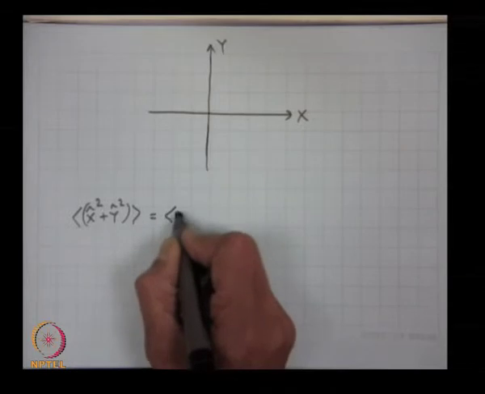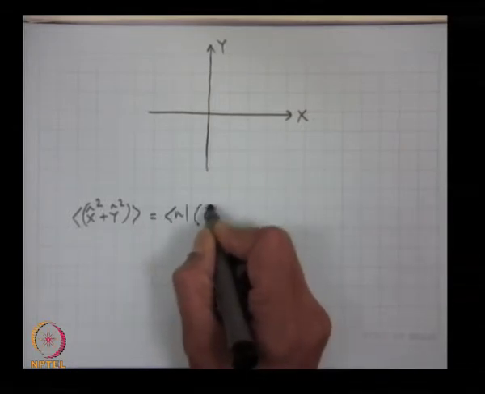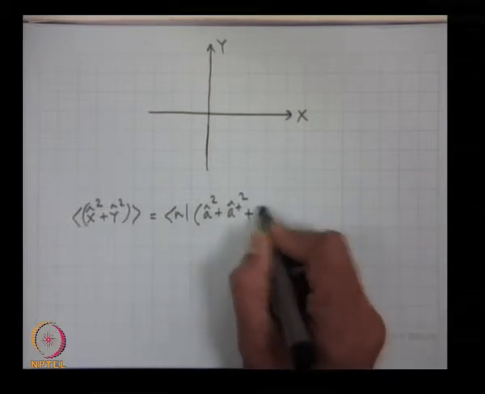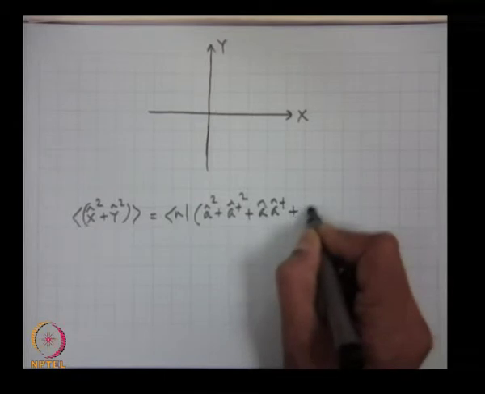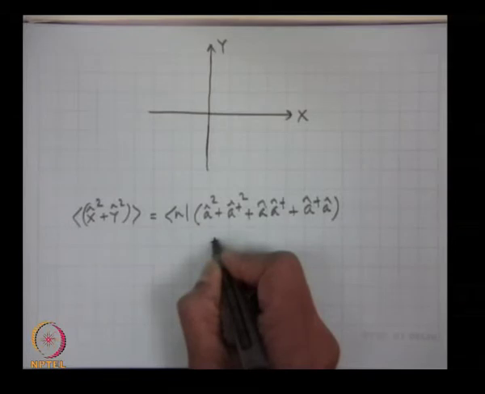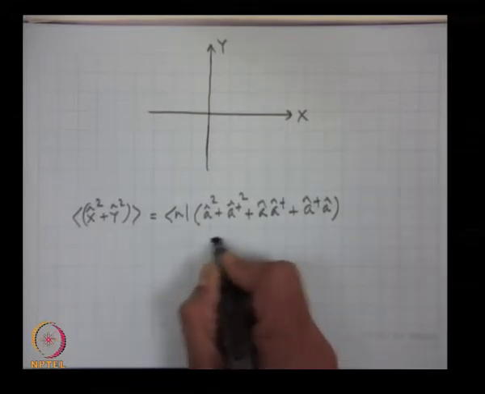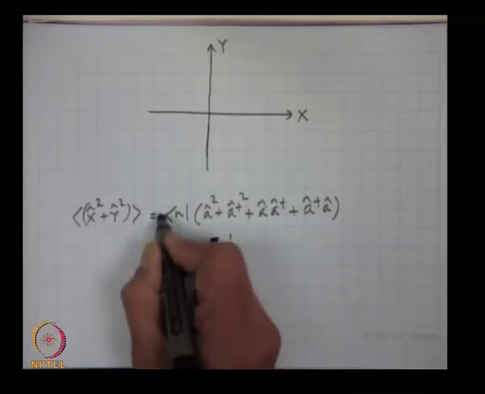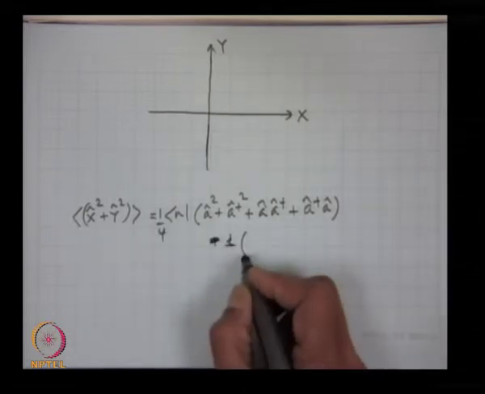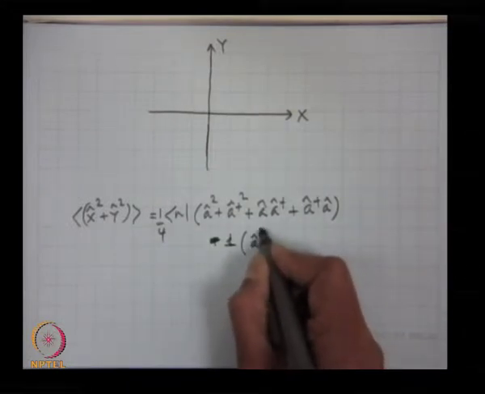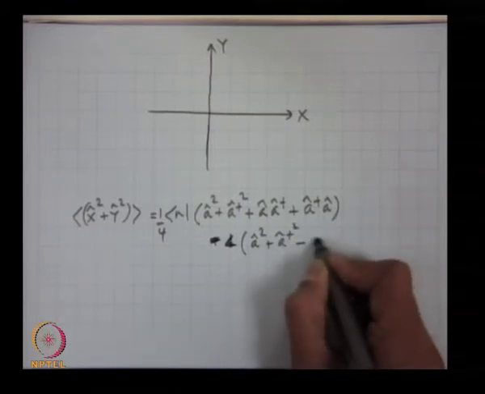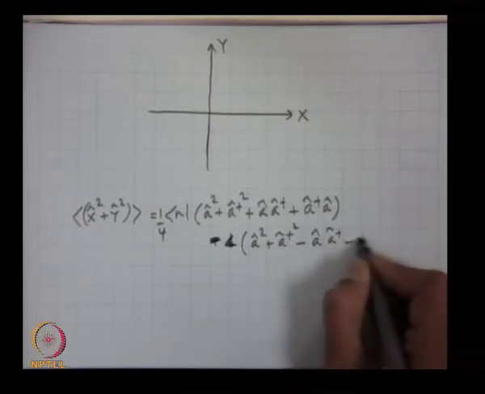So this is n, a square plus a dagger square plus a dagger a plus a dagger a, that is the x square operator, plus the y square operator. So that is minus, 1 by 4 comes out with a minus sign. So this is a square minus a dagger square minus a dagger a minus a dagger a.